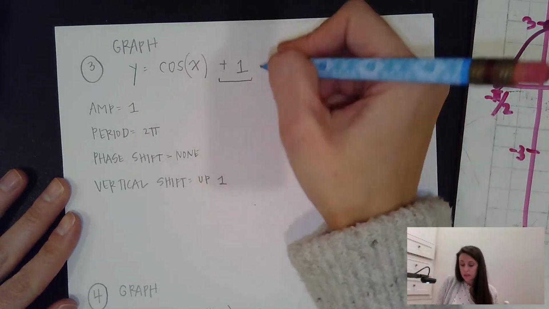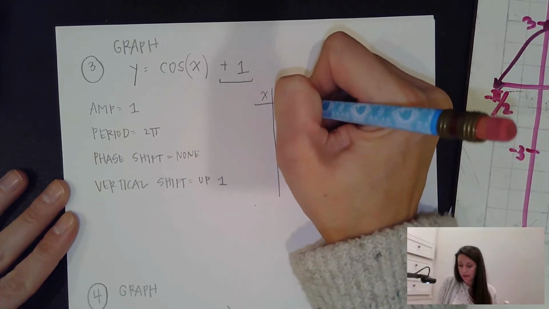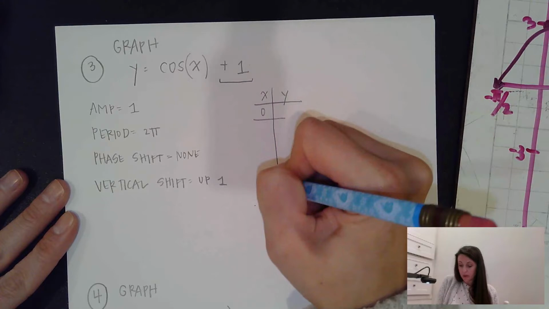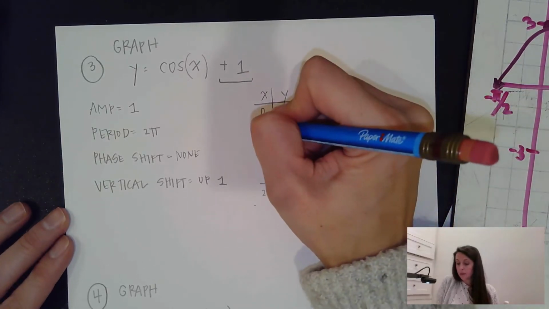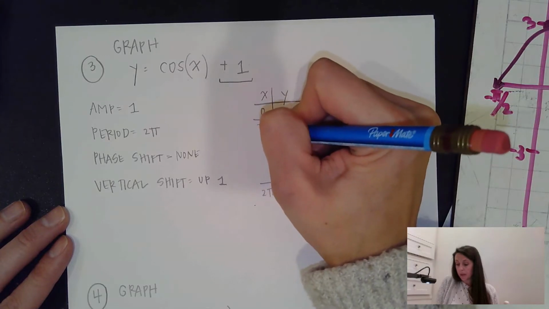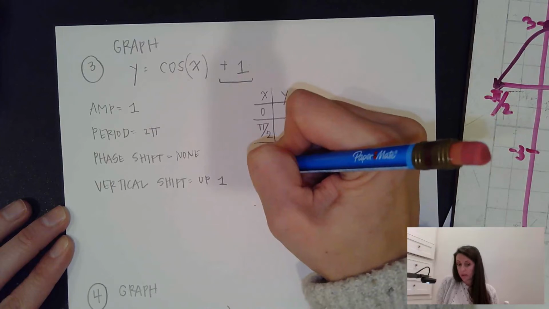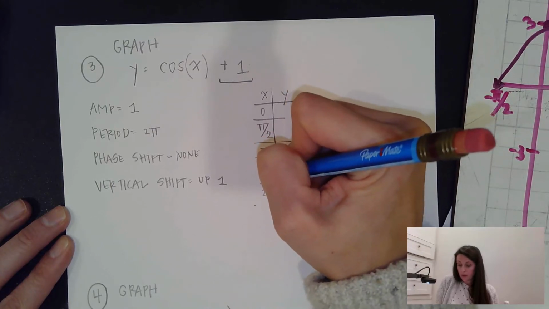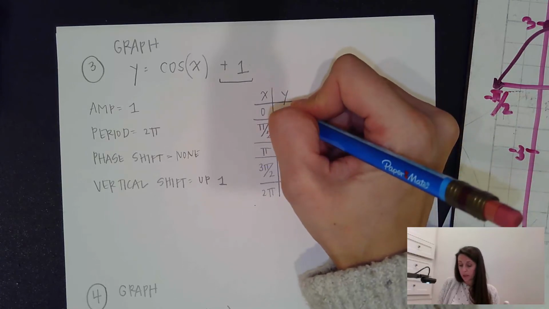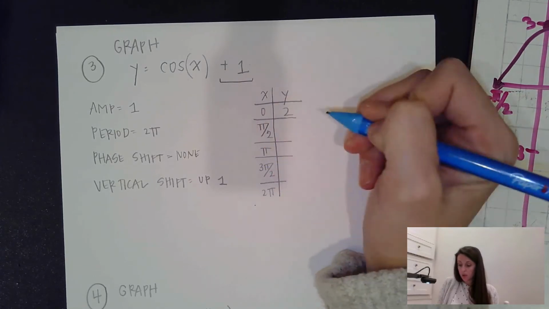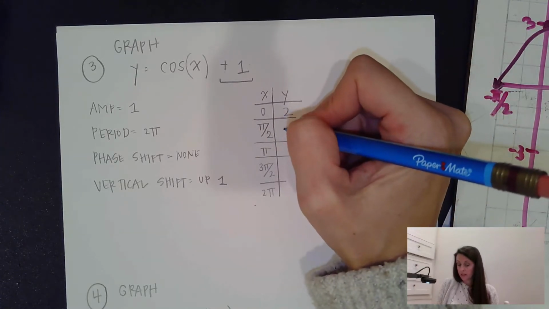All right, so your period still is going to be 2 pi. So it's going to go from 0 to 2 pi. So 0, pi over 2, pi, and then 3 pi over 2. So cosine of 0 is 1, but it will be 1 plus a 1, which is a 2. Cosine of pi over 2 is a 0.